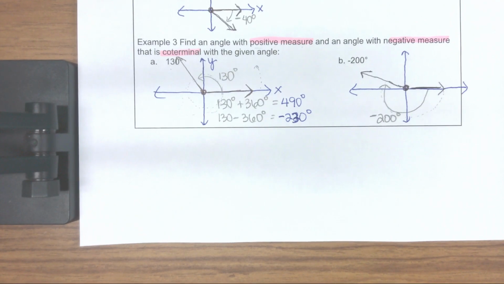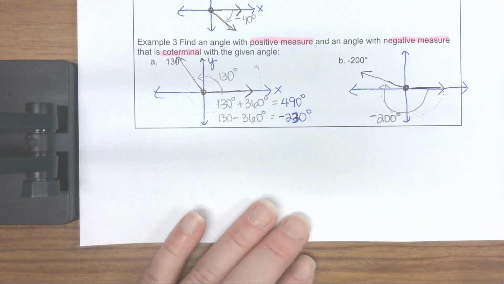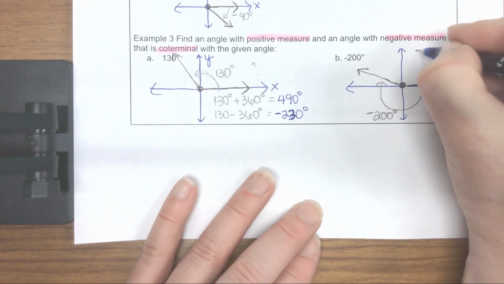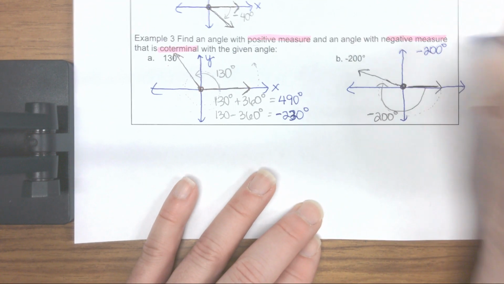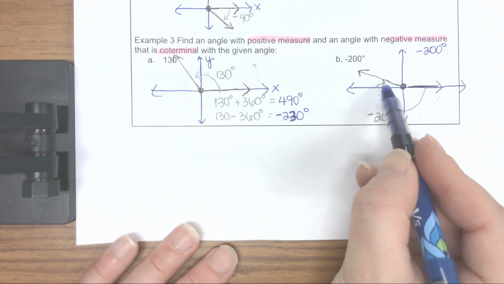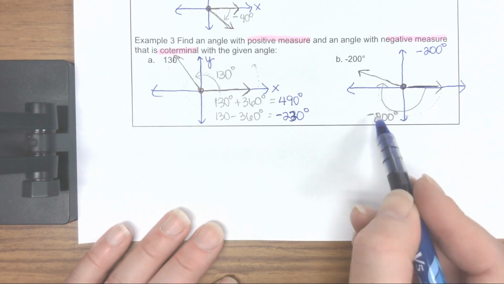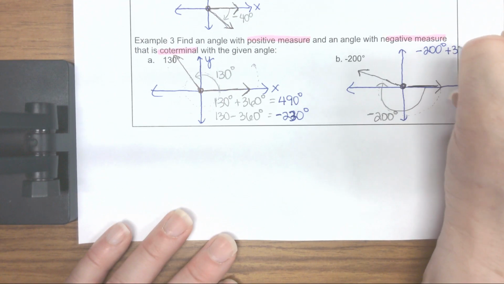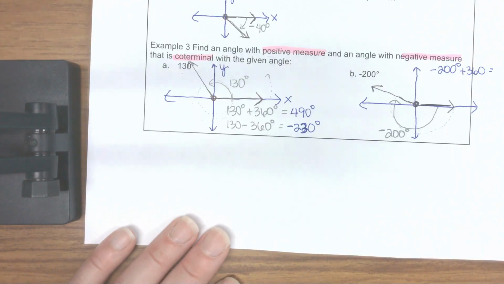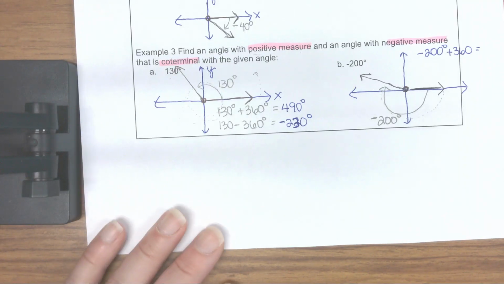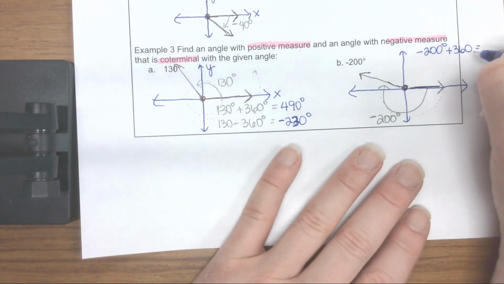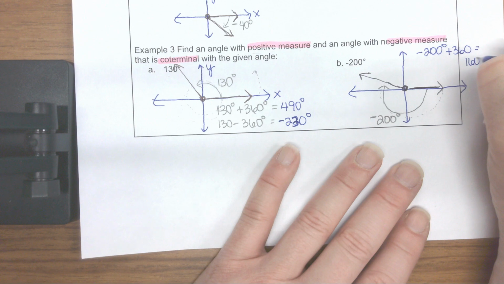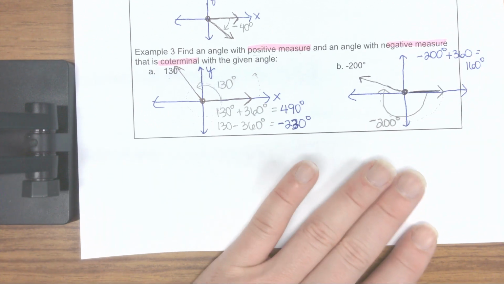So to get my coterminal angles for this, I would do negative 200 degrees because I'm at this spot now. And if I added 360 to that, it would rotate and get back to that same spot. So one that has a positive measure then is 160 degrees. Okay, and just think about that.